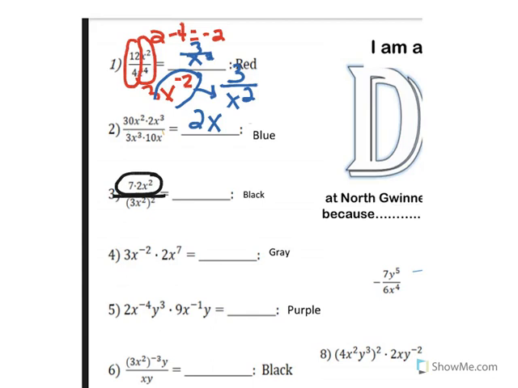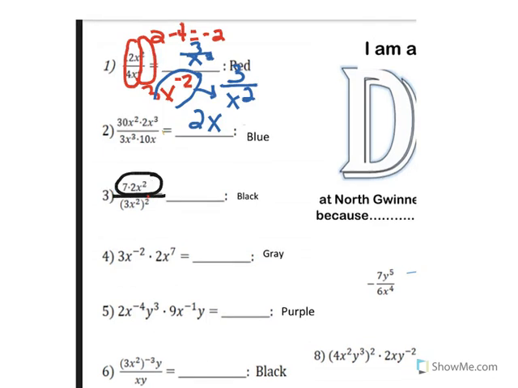Okay, so we're going to start by distributing this exponent at the bottom. We distribute it to the 2, so 2 times 2 is x to the 4th.